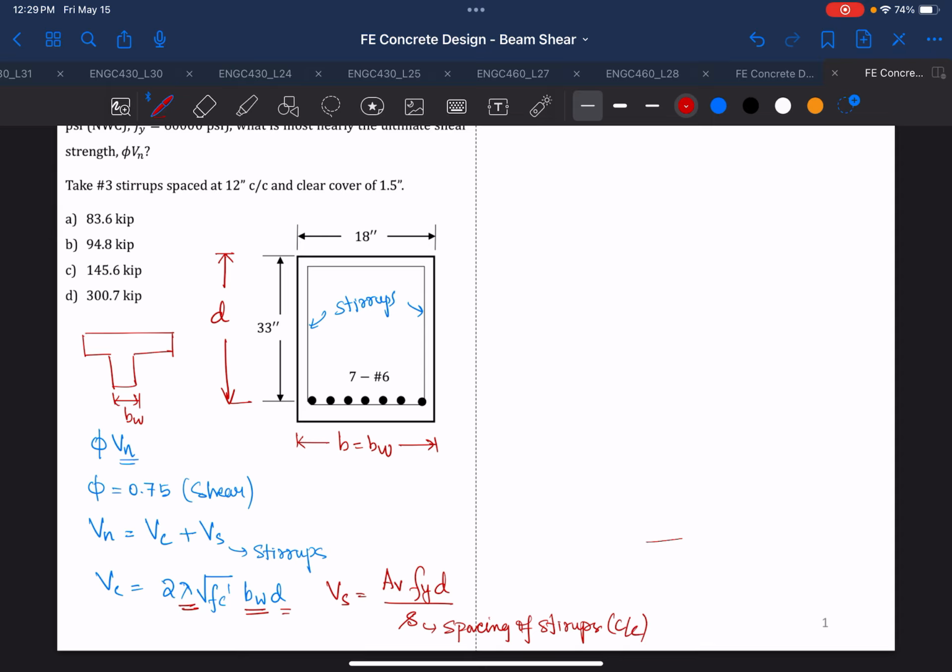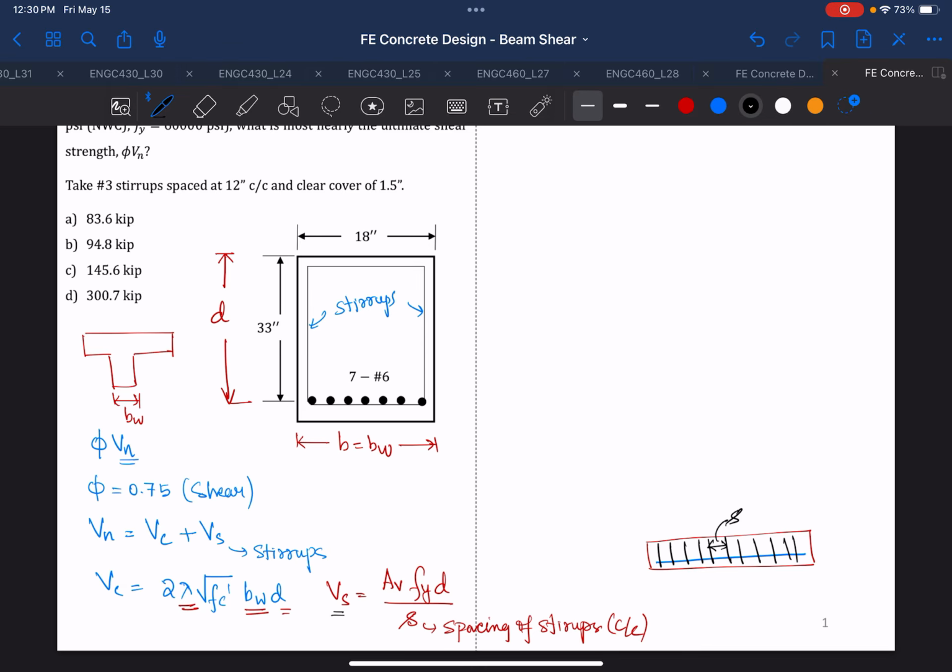Okay, so in your beam, this is your main longitudinal bar, and then the stirrups you provided, and this is your s, or the spacing of your stirrup reinforcement. Okay, so that's what you need to know for your design shear capacity.